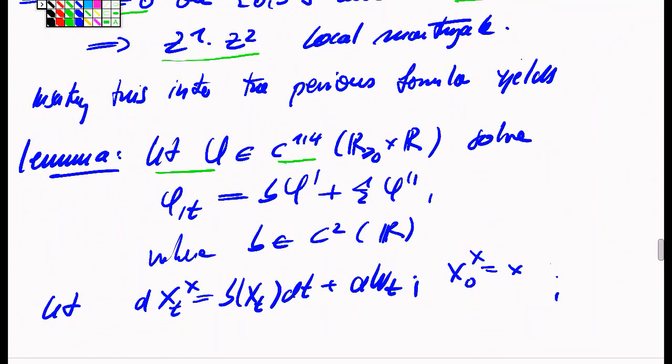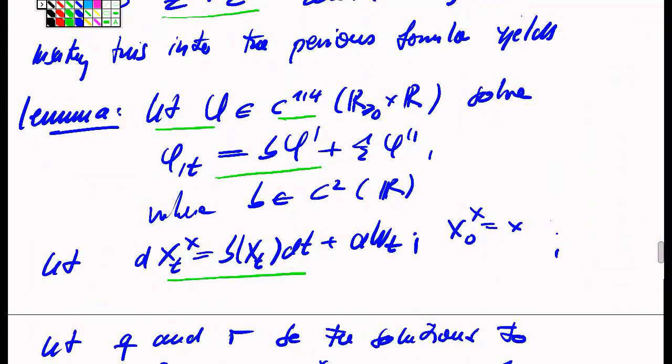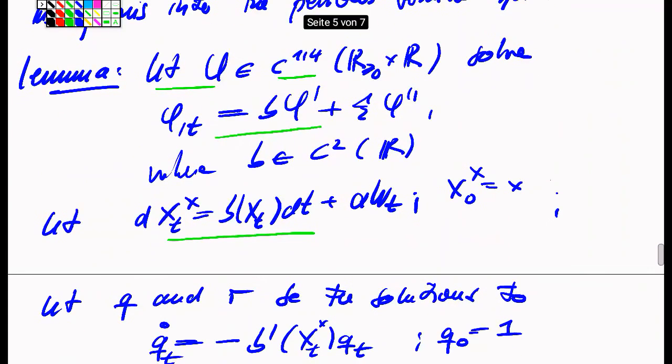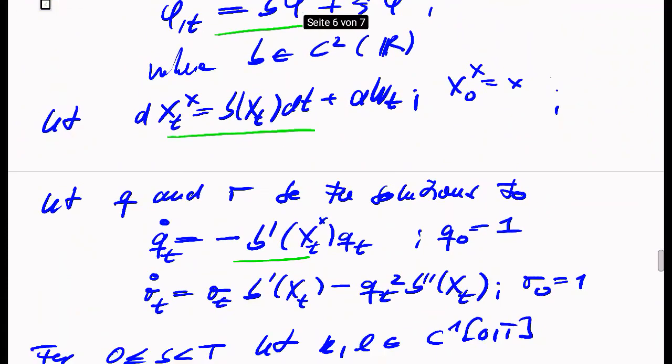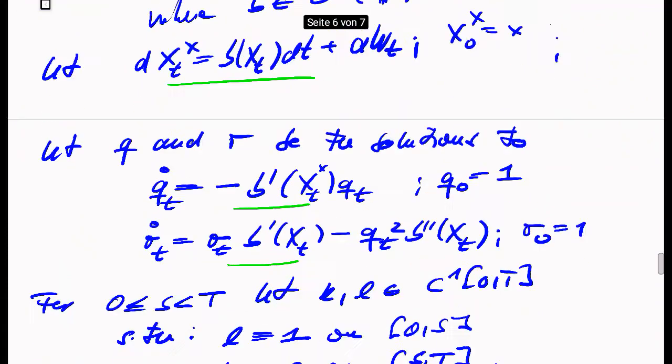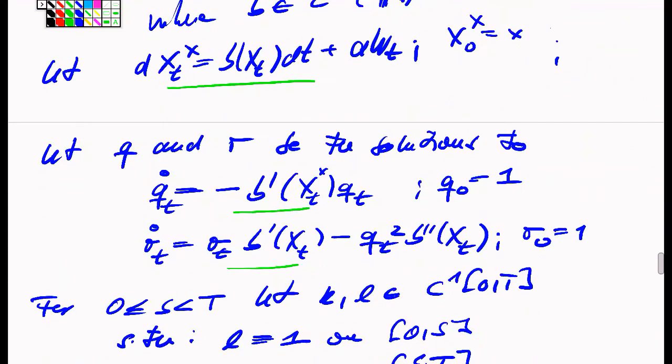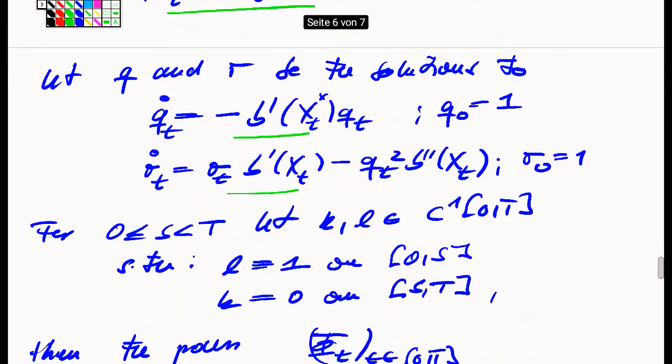Let phi be a sufficiently smooth function, which is a solution to the parabolic PDE, and let X be a solution to our stochastic differential equation generated by this function b. Let Q and R be solutions to these corresponding ordinary differential equations with random coefficients that we consider.